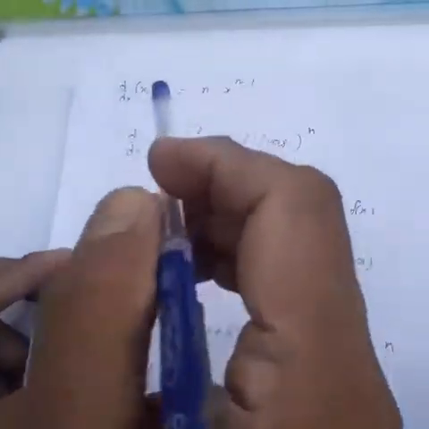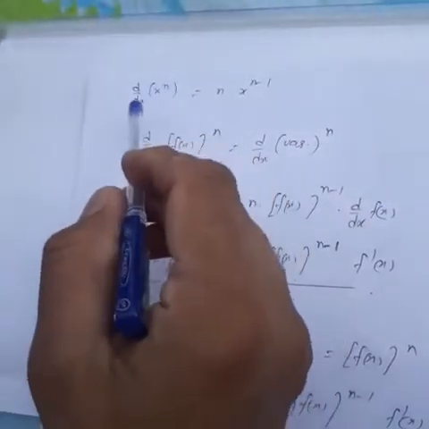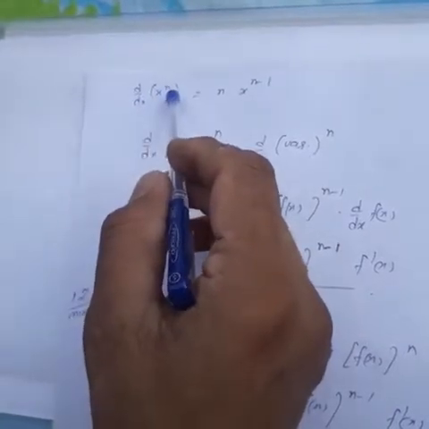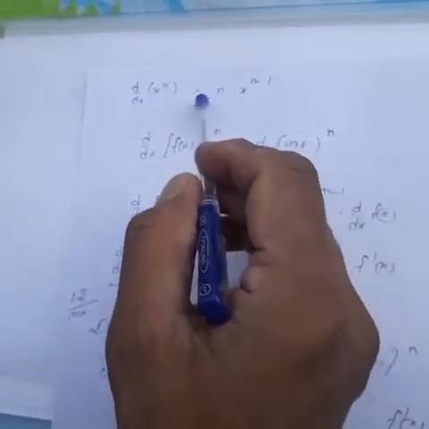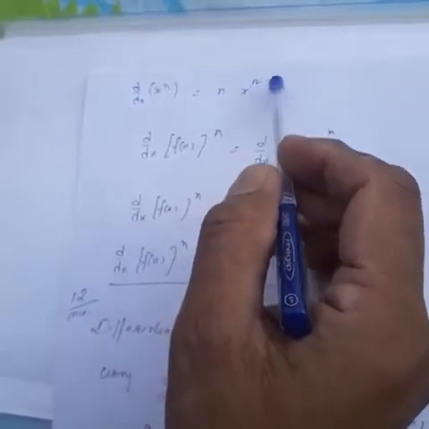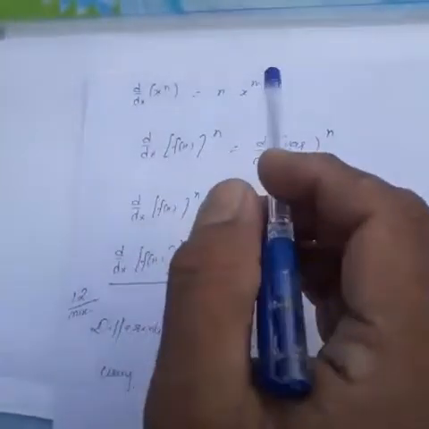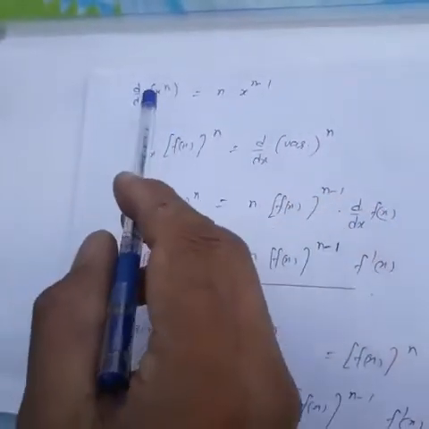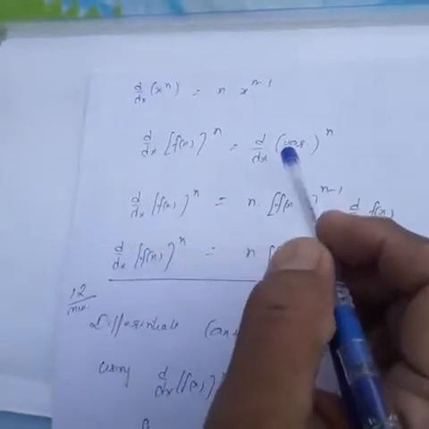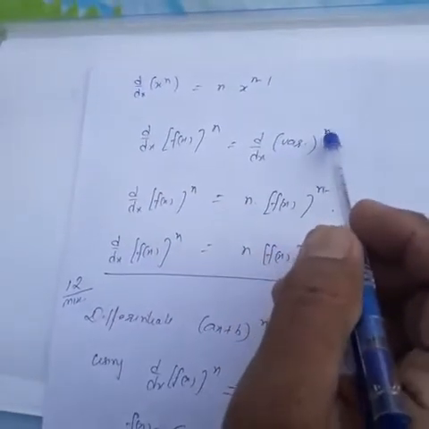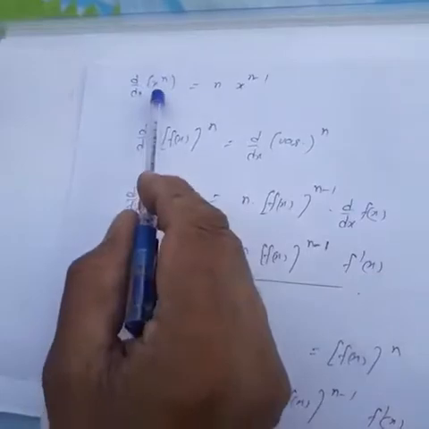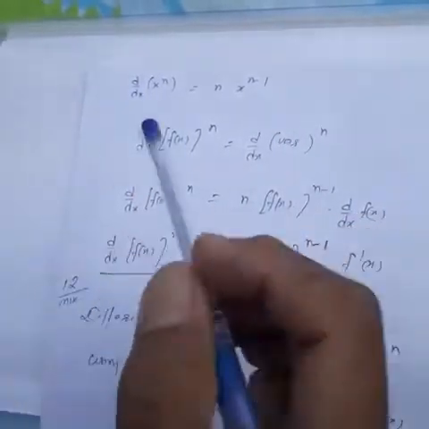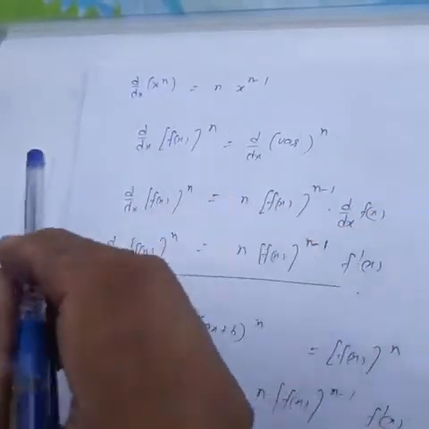Now we have done this formula, the derivative of x raised to the power n. We know the formula is n into x raised to the power n minus 1. It will be convenient for you if you remember this result as variable raised to the power n. This n is constant, which means the base must be variable. How will you define a variable here in derivatives?